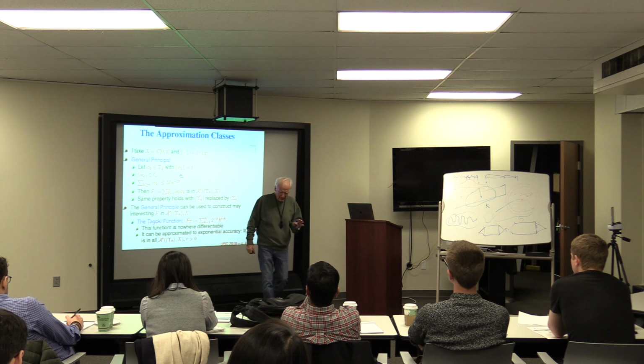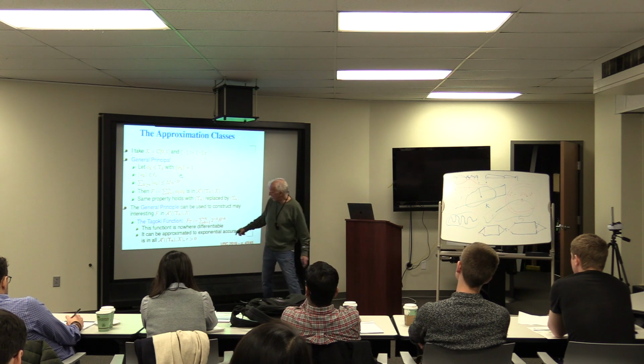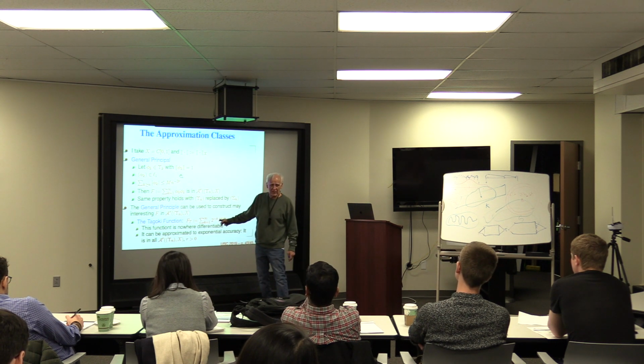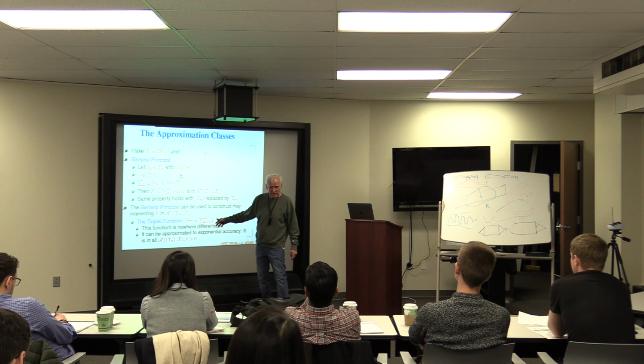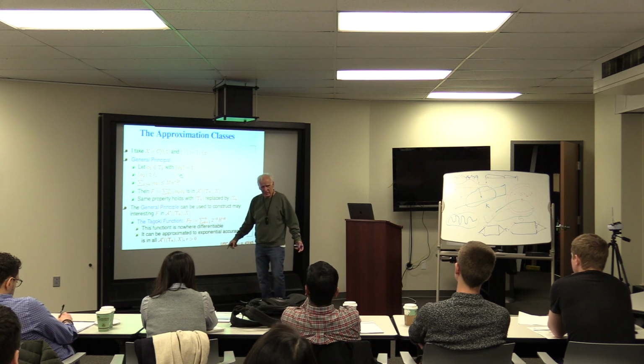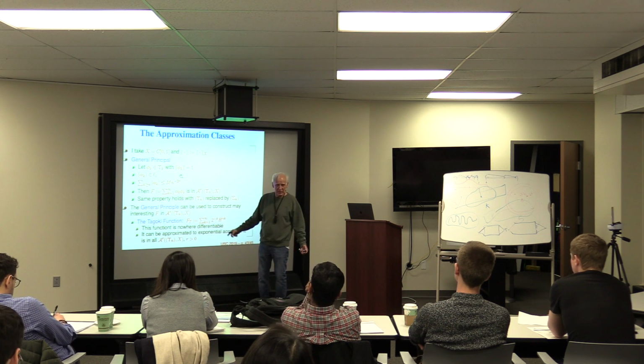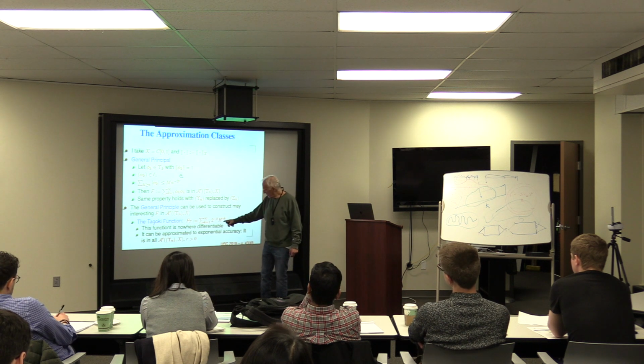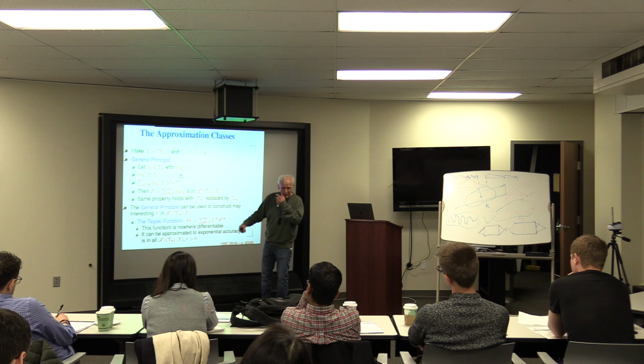If I take upsilon n, it will approximate this function to accuracy 2 to the minus n. You can see that, because you just chopped the series and the tail is 2 to the minus n. And I've used how many terms? I've used n terms only, right? This guy is in upsilon k. So I'm going to get exponential accuracy.